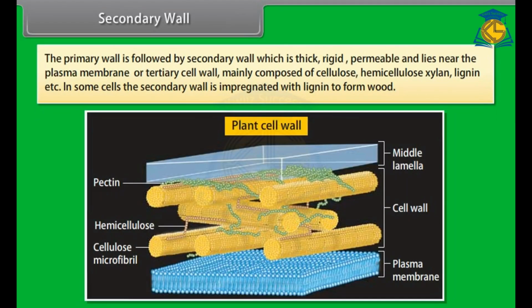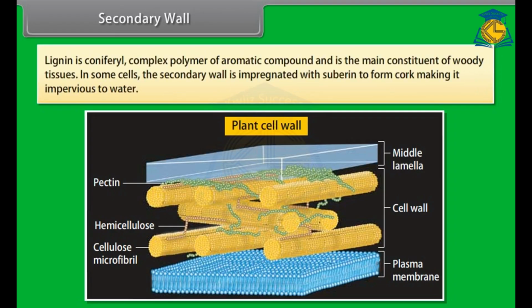Secondary wall. The primary wall is followed by the secondary wall, which is thick, rigid, permeable and lies near the plasma membrane or tertiary cell wall, mainly composed of cellulose, hemicellulose, xylan, lignin, etc. In some cells, the secondary wall is impregnated with lignin to form wood.